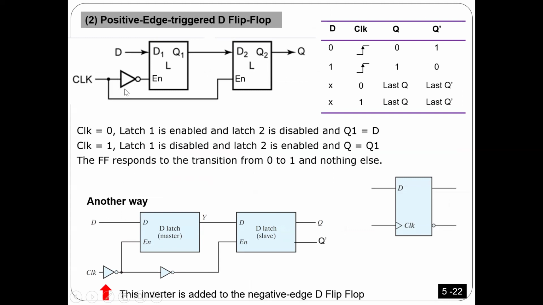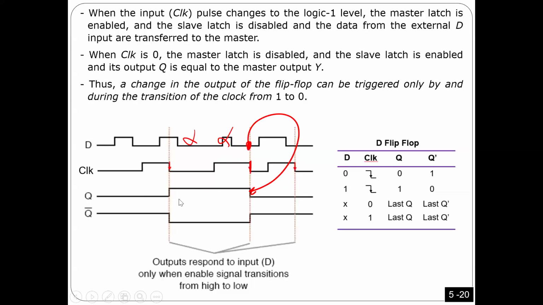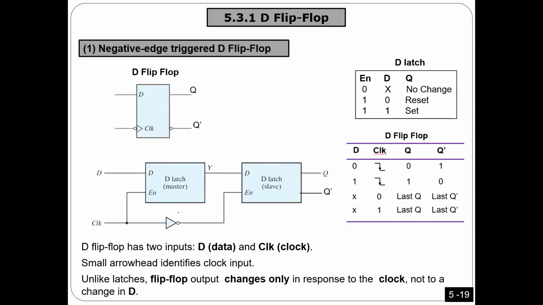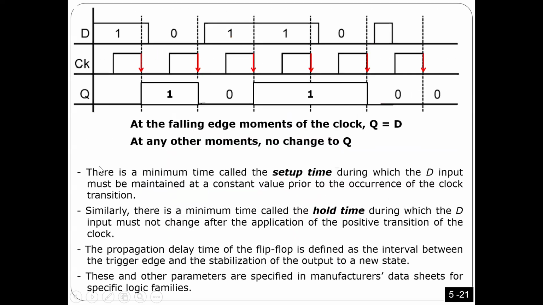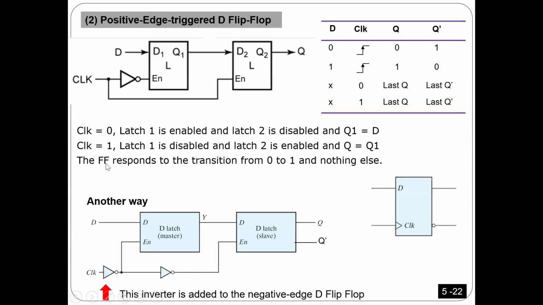You have another example here, and then here I'm explaining positive edge. There is just a very small difference between the designs. So here, if I put the inverter this way, it becomes negative edge. But if I move it here, remove it, just a very small change, I can make it positive edge. And not only that, if you already have a chip, because that's what we will do next week, this chip has flip-flops inside.